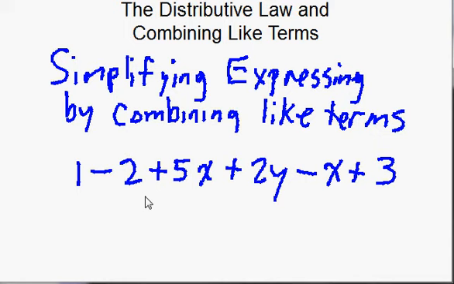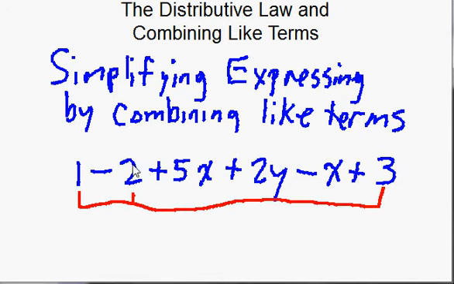Bonnie, what am I allowed to combine? 1 minus 2 plus 5. No, not the plus 5. Yep, I can't add the plus 5 because it's 5x. But I can add the 3, can't I? Because that's a number, so I'm combining the like terms. So the 1, the negative 2, and the 3 can be combined together.